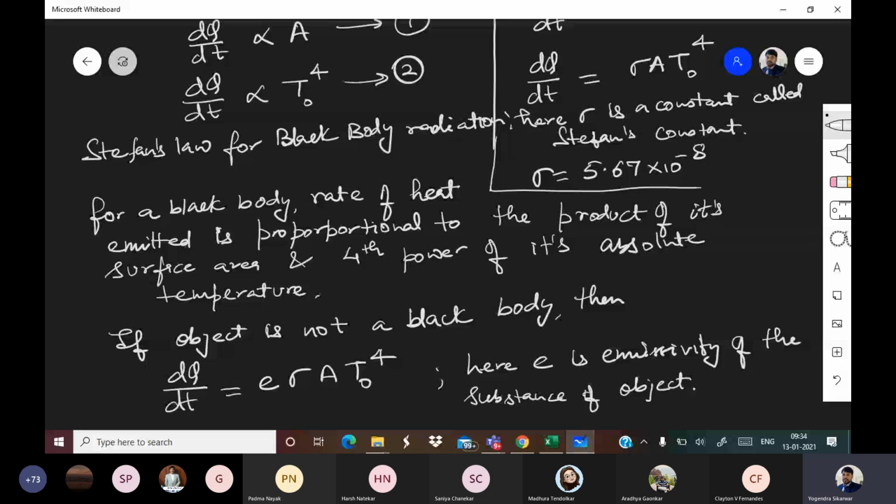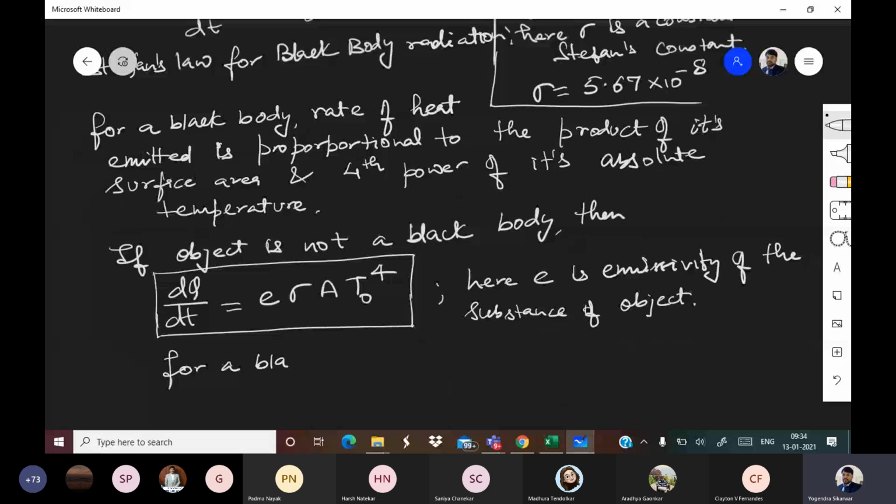Please note, the only difference is that for a black body e is 1, for a normal object e is not 1 and its value will be between 0 and 1. So for a black body, e is equal to 1.